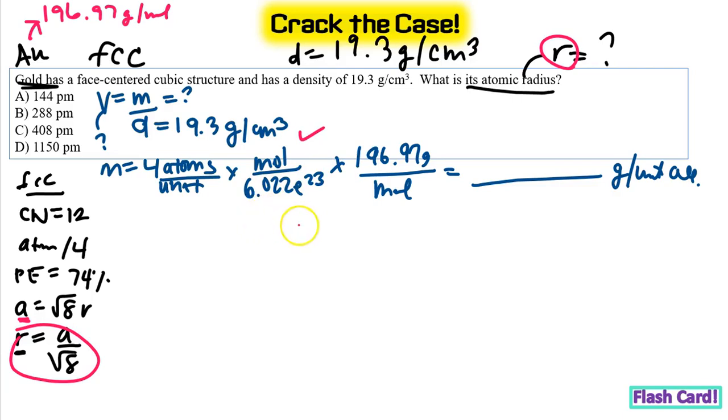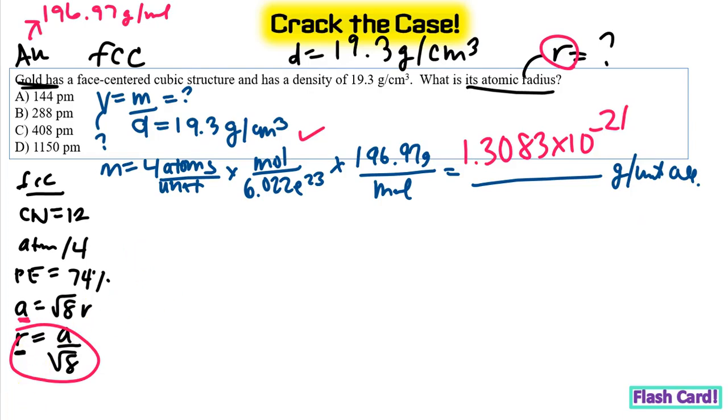It's just a faster way to write it so that I'm not writing too many numbers down, okay? So I'm going to go from atoms to moles using Avogadro's number, and then I'm going to go from moles to grams using molar mass. And so when I do this, I get a very long number of 1.3083 times 10 to the negative 21 grams per unit cell. Okay, so now I have my mass.